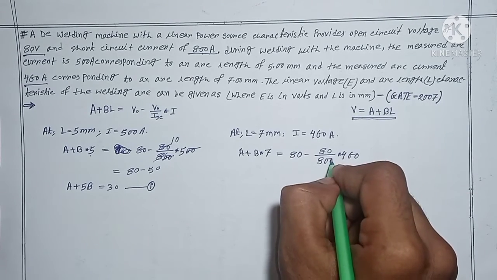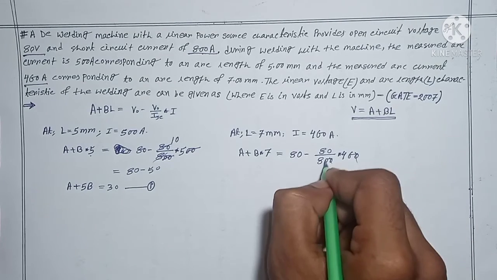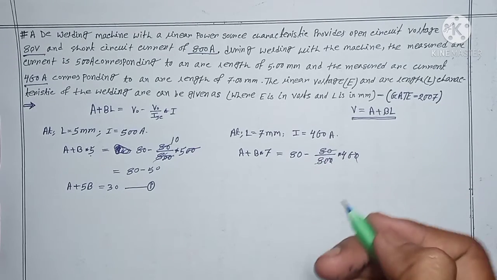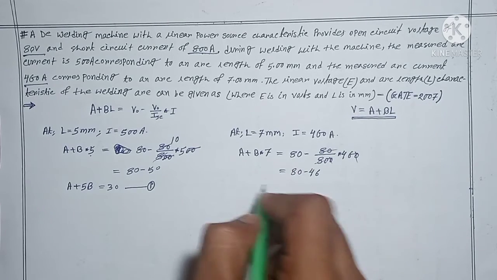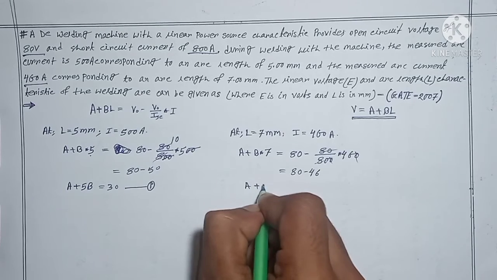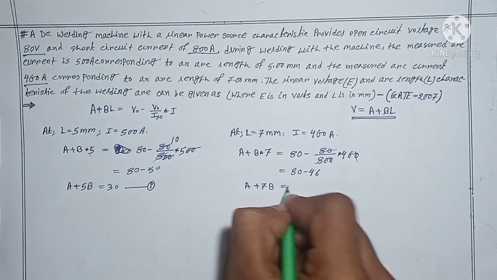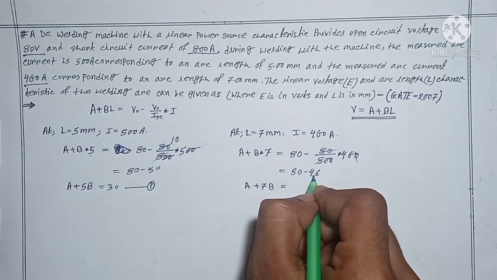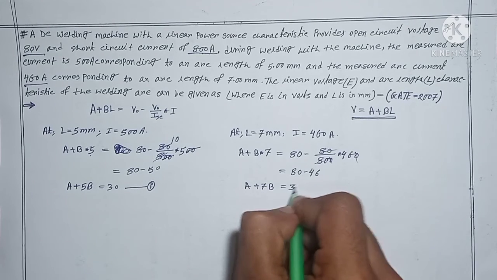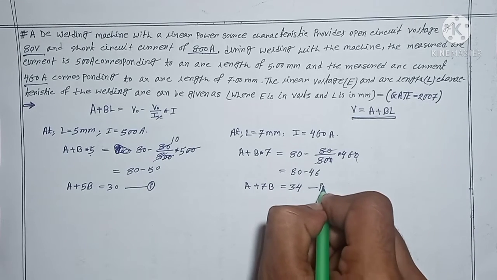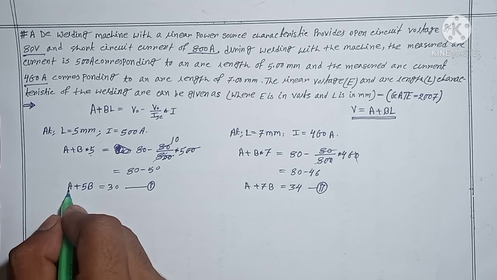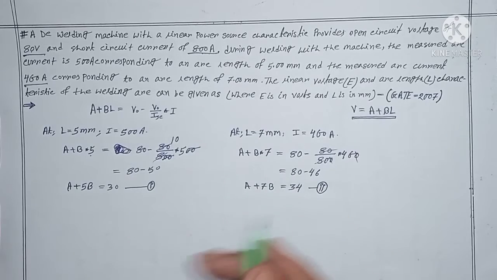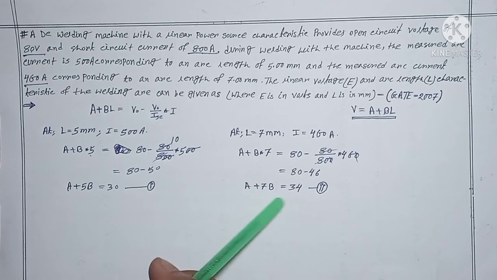Okay, so if you solve this, the 0 gets cancelled out, this 80 gets cancelled out, and 80 minus 46. So you can write A plus 7B is equal to, if you subtract 46 from 80, you will get 34. Let's assume this is our equation number 2. Now here are two unknowns, A and B, and two equations. So if you solve these two equations you will easily find the value of A and B.